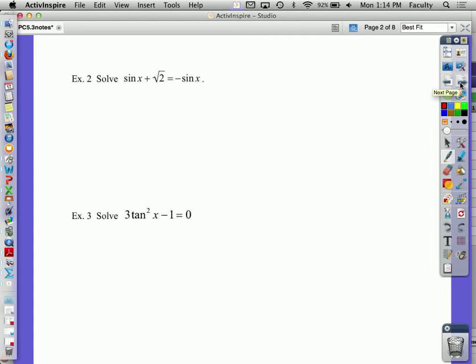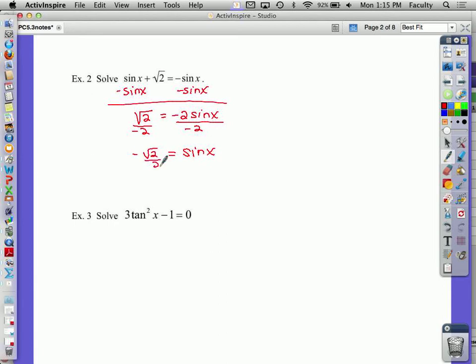Okay, example 2. It says solve sine x plus square root 2 equals negative sine x. So I'm going to start by subtracting sine x from both sides of the equation, and I get radical 2 equals minus 2 sine x. Divide by negative 2, and I get sine x equals negative radical 2 over 2.